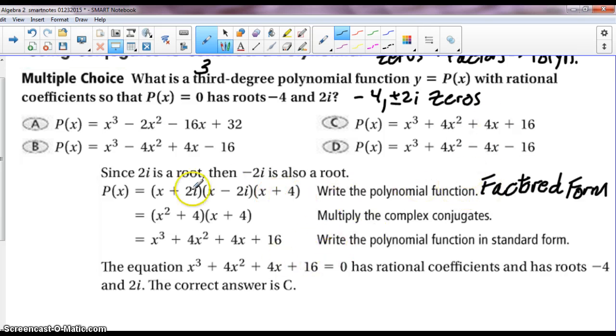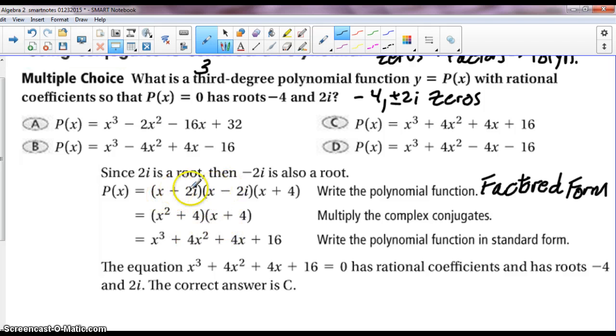So if you recall, when you multiply 2i and negative 2i like this, if you remember Miss Carmine, she went ahead and showed you how to do this. This is going to be the factored form of x squared plus 4. Remember when you multiplied the 2i and the negative 2i, they're going to give you x squared plus 4.